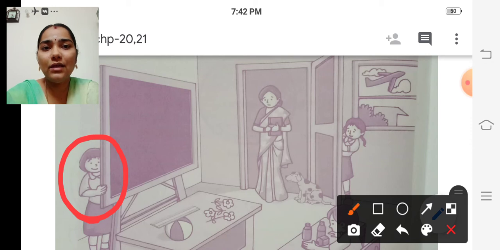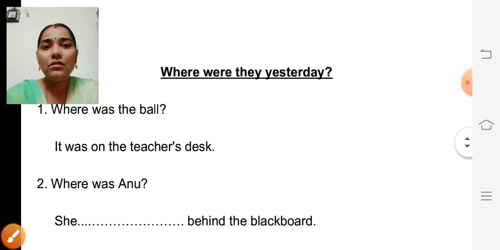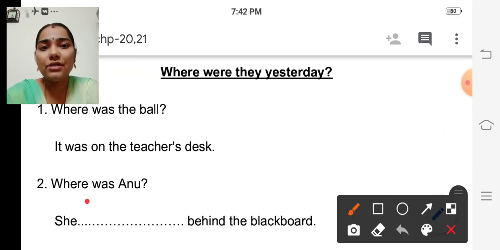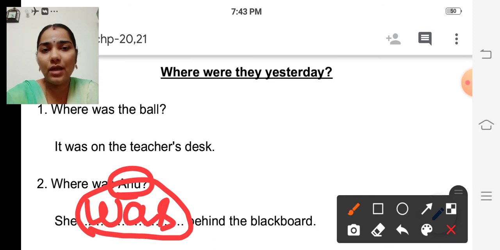Then what do we have to write? She was, W-A-S. Because where was Anu? They were asking about one girl, singular, so we are using the verb was. She was behind the blackboard.